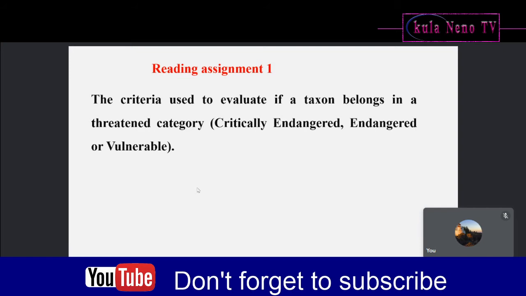They look at the population sizes, they look at the range, and many other factors, but basically there are 5 main factors they consider for a species to be considered threatened. So your first reading assignment is to look at the criteria being used in depth.